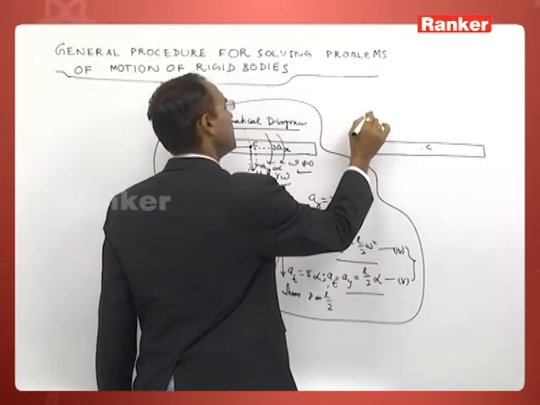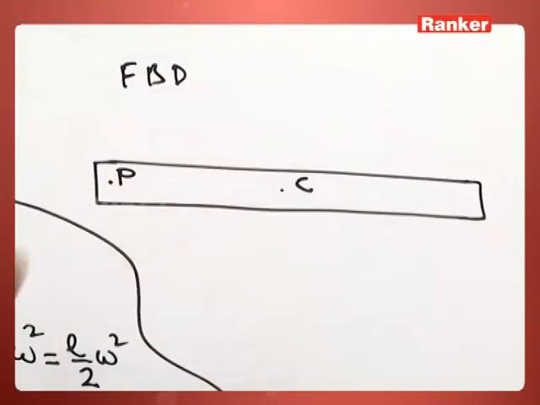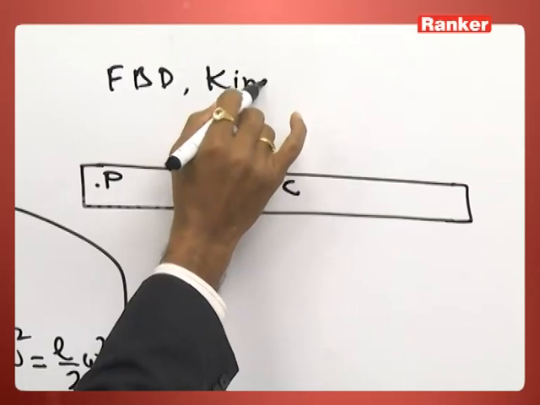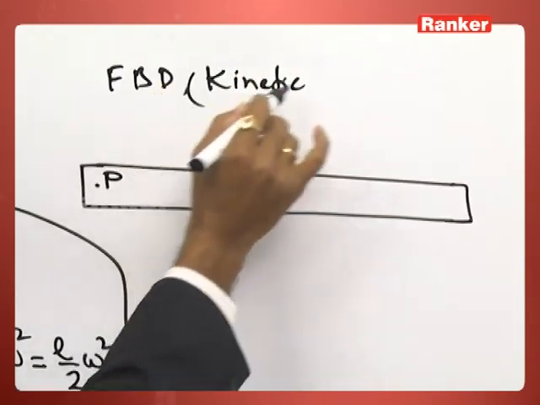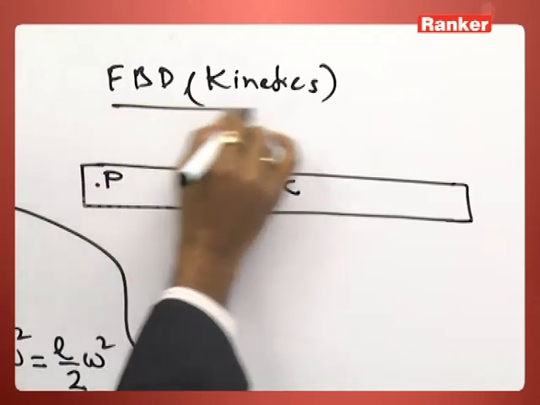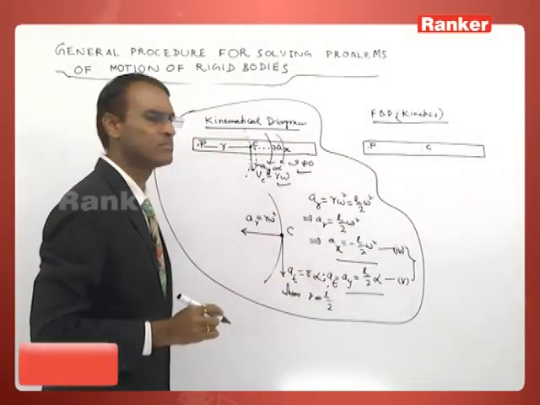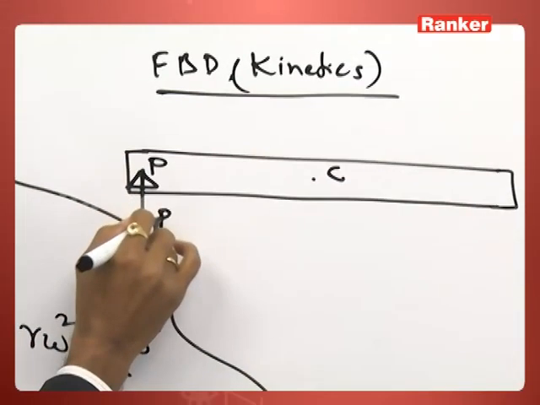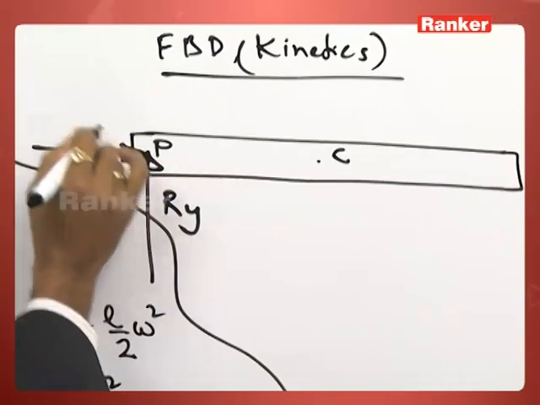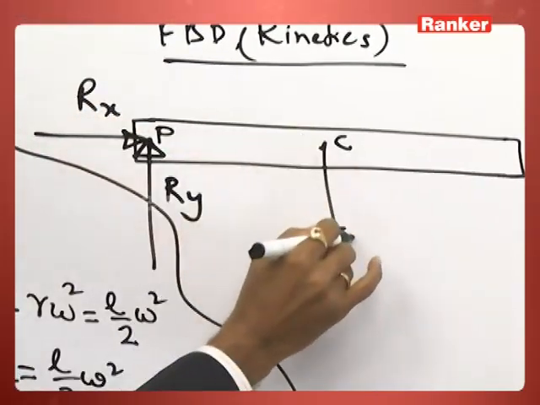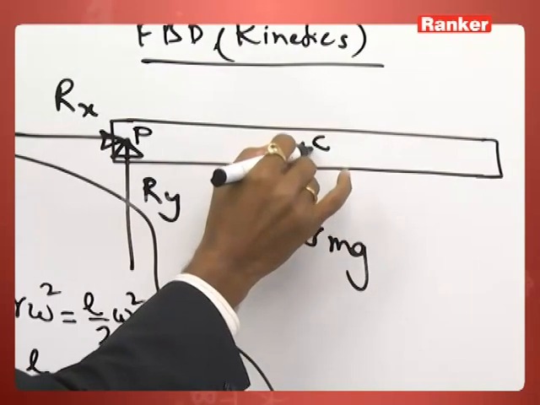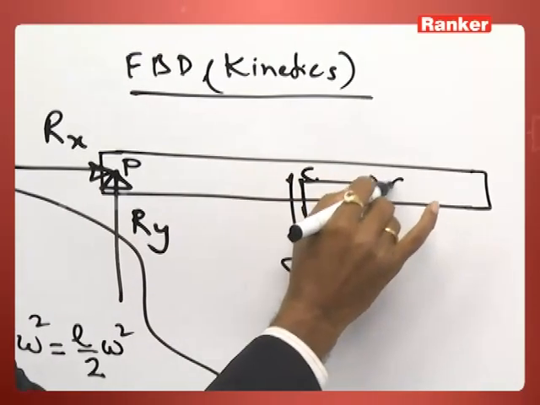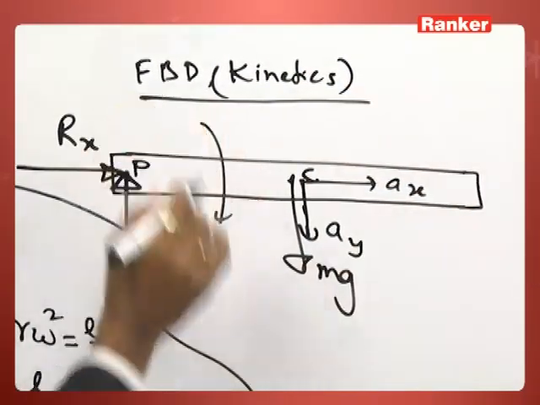This is called free body diagram, or this is called kinetics diagram. In this diagram, we can show the forces Ry, Rx and mg along with the accelerations ay, x and alpha.